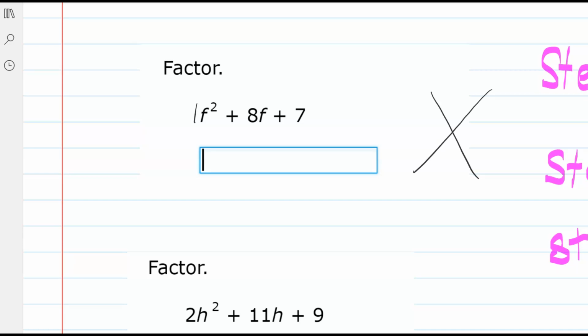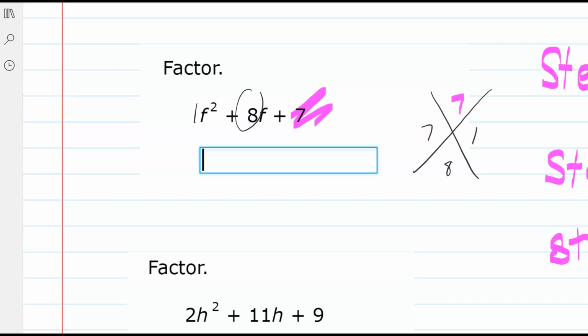We want 2 numbers that when I multiply them together, let's do it again. When I multiply them together, I get that number C, A, B, C. When I add them together, I should get 8. I want 2 numbers. When I multiply them together, I get 7.